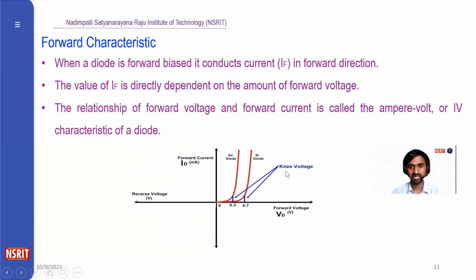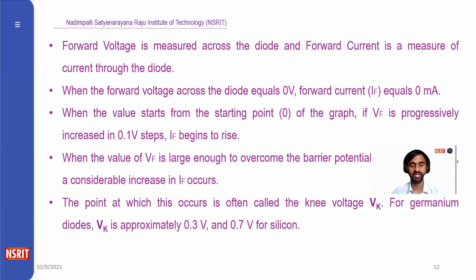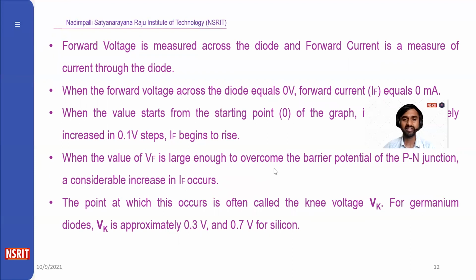For a silicon diode, the knee voltage is 0.7 volts, whereas for a germanium diode, it is 0.3 volts. So these are the forward characteristics of a PN junction diode. The point at which the sudden increase in current occurs is called the knee voltage: approximately 0.3 volts for germanium and 0.7 volts for silicon.